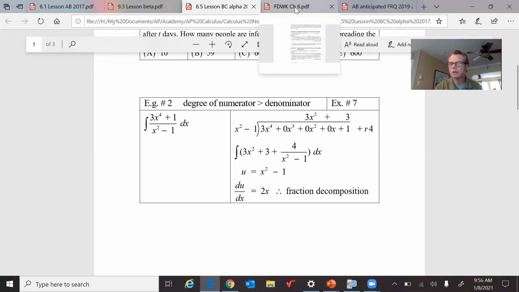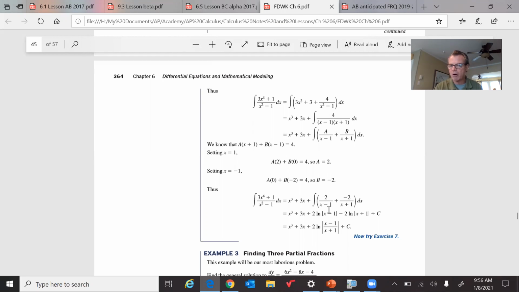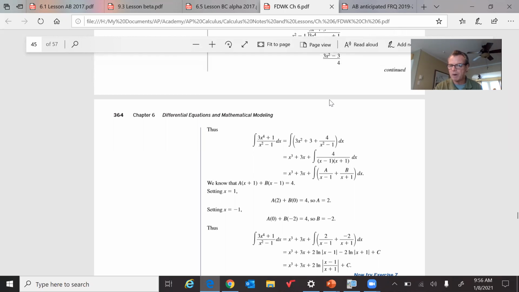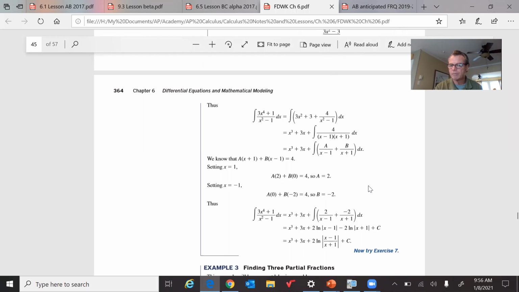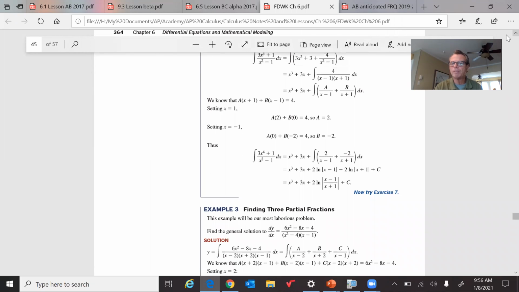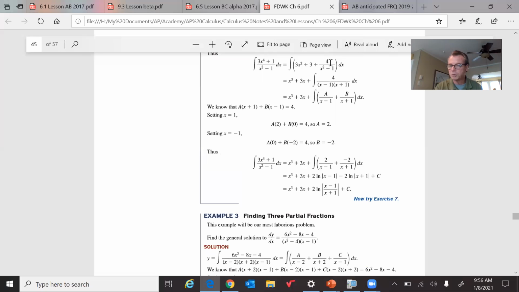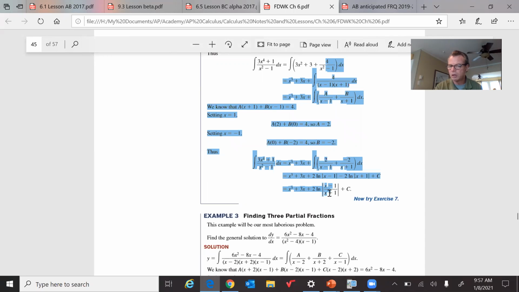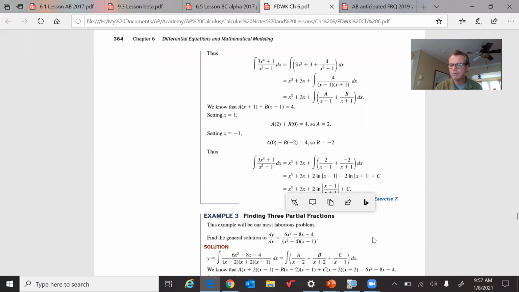And the textbook is showing you what was on the PowerPoint, how they got from there to the bottom. All right? So they got from this term, which was the remainder over the divisor, down to here. Okay?